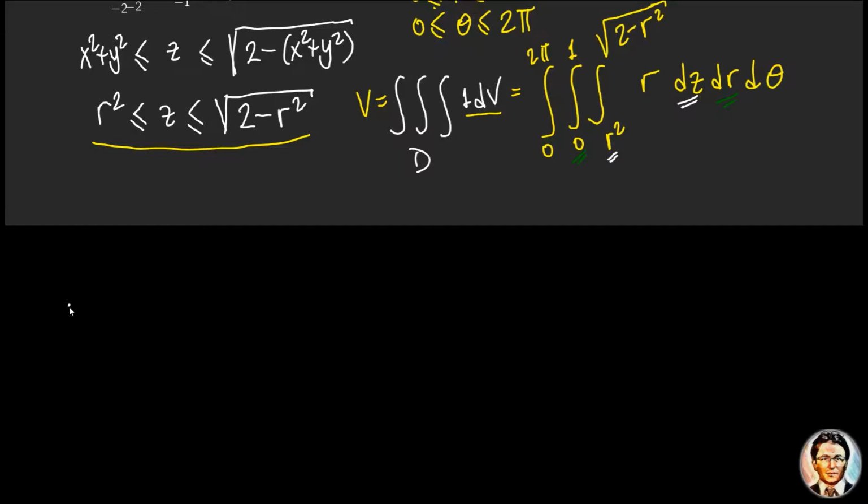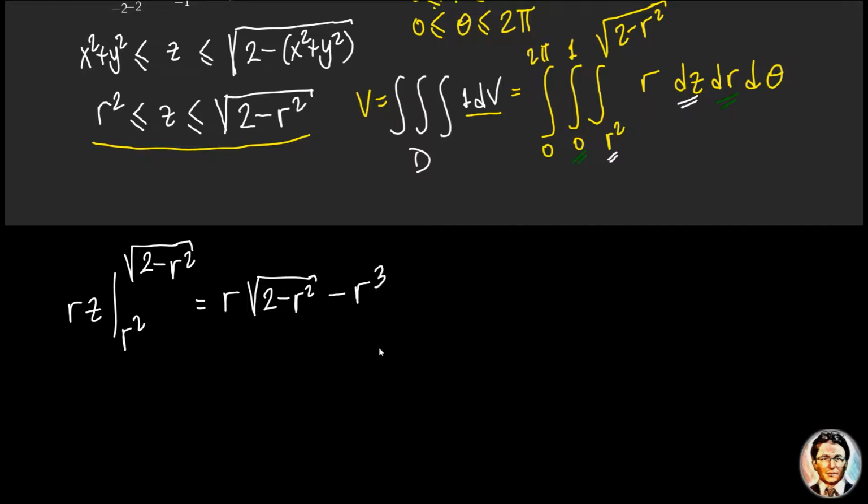Integrating with respect to z, it will be r z, where z is from r squared to square root of 2 minus r squared. So this is r times the square root of 2 minus r squared, minus r times r squared, which is r cubed. This is the result of the innermost integral. Now move on to the next step.